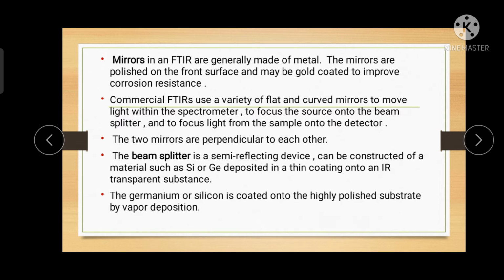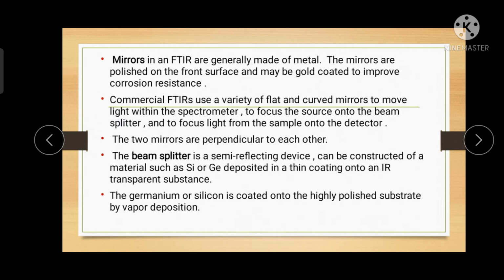We know that to prepare different thin films, there are different techniques like RF magnetron sputtering, vapor deposition, and chemical vapor deposition. But in particular, for the synthesis of the beam splitter with germanium and silicon, a highly polished substrate is used, and this is done with vapor deposition techniques, so that we get a proper beam splitter.